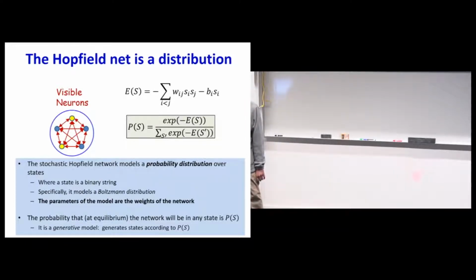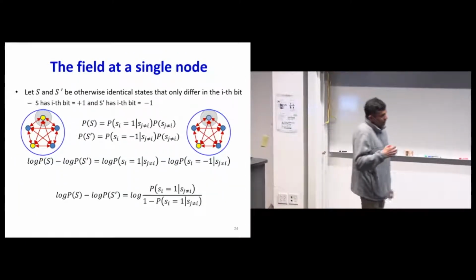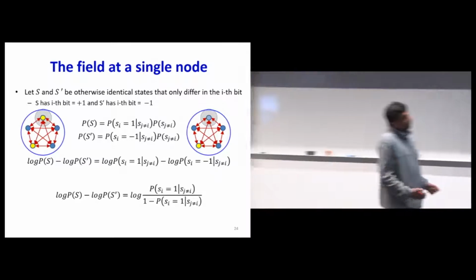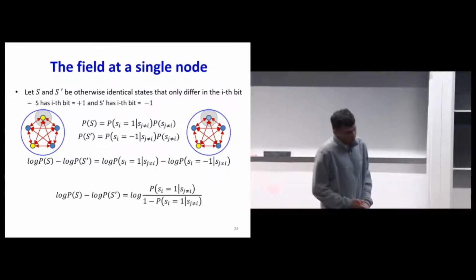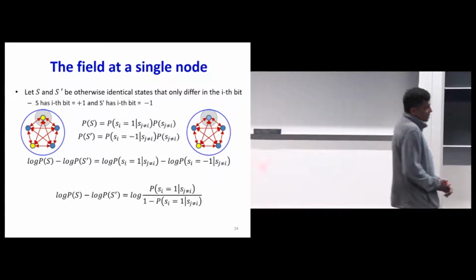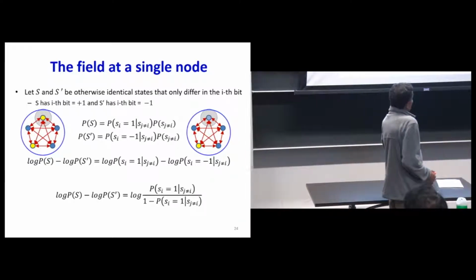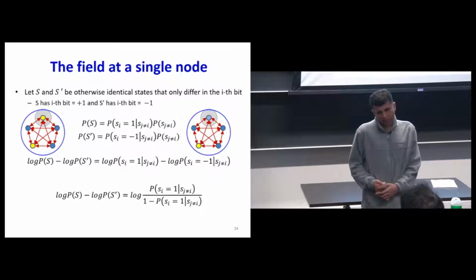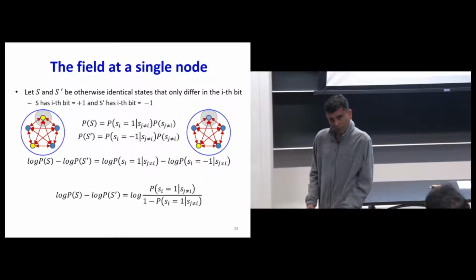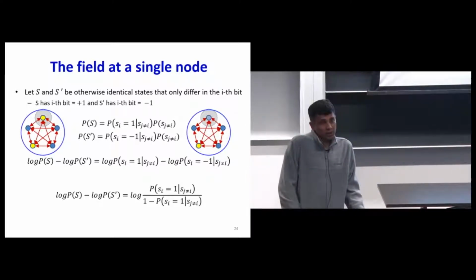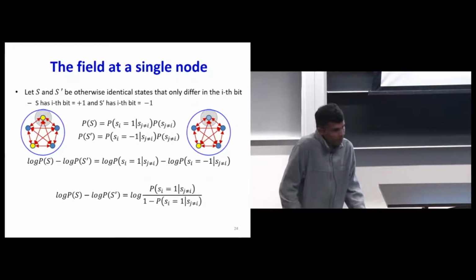So what exactly do we mean by letting the network evolve according to this probability distribution? What do we mean by generating samples from this probability distribution? To see that, let's first consider two bit patterns, two configurations which differ in only one bit, right?